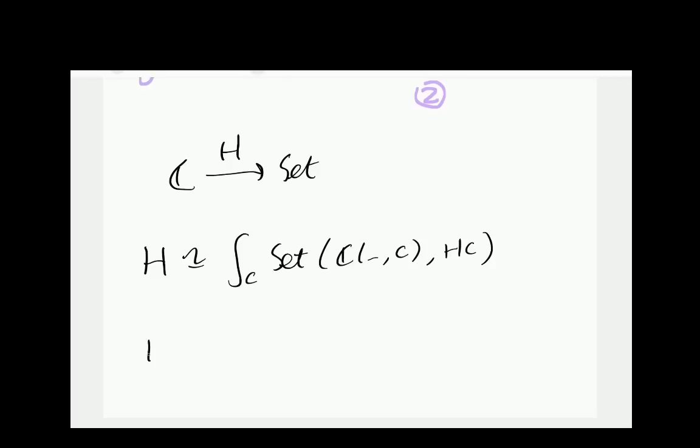And the dual to 2 is saying that H is going to be isomorphic to this coend here. So there we have it.